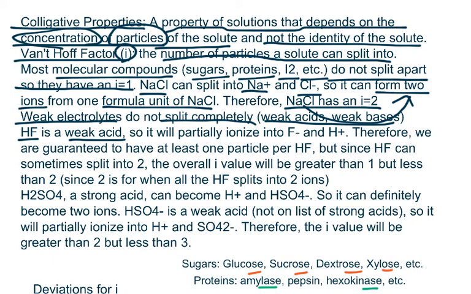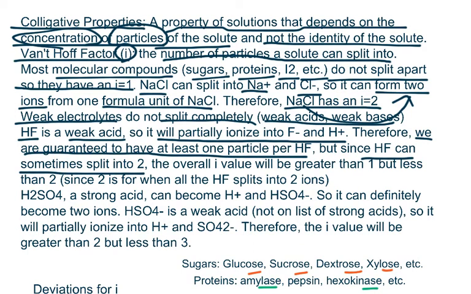Since HF is a weak acid, it will partially ionize into F- and H+. Therefore, we are guaranteed to have at least one particle per HF, since HF itself is a particle. But since HF can sometimes split into two, but not always, the overall i value will be greater than 1, but less than 2.